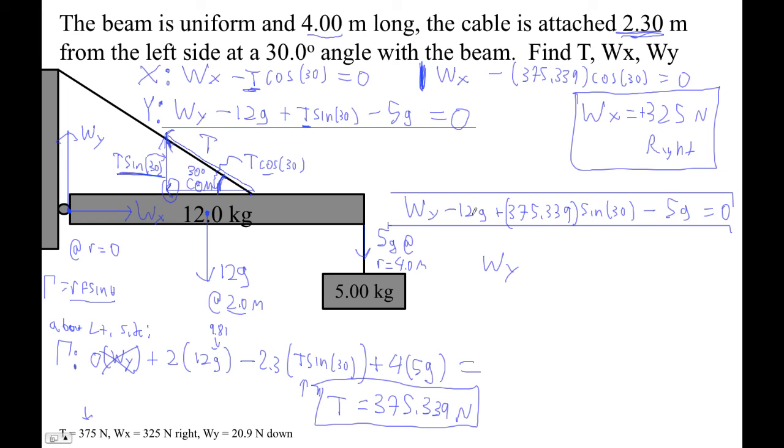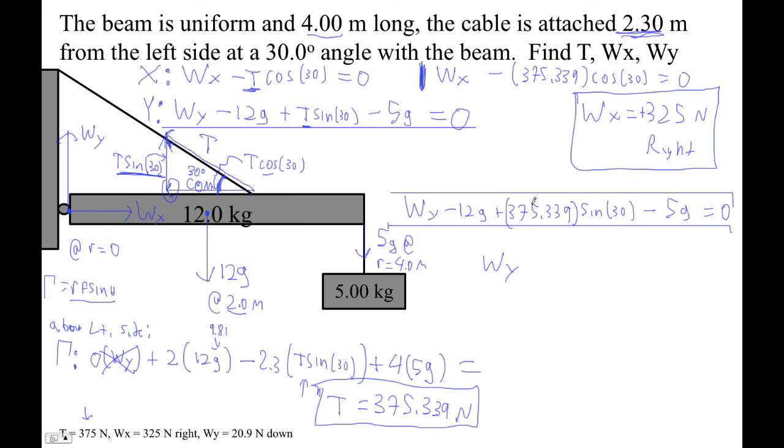So I think what I'm going to do is I'm going to do this guy. I'm going to go 12 times 9.81, and I'm going to add 5 times 9.81, and then I'm going to subtract 375.339 times sine of 30. I'm doing maths here is what I'm doing.